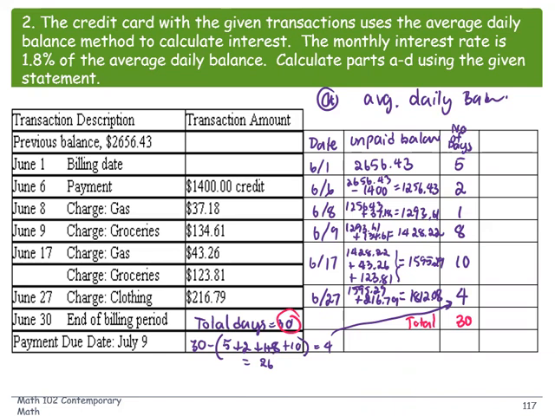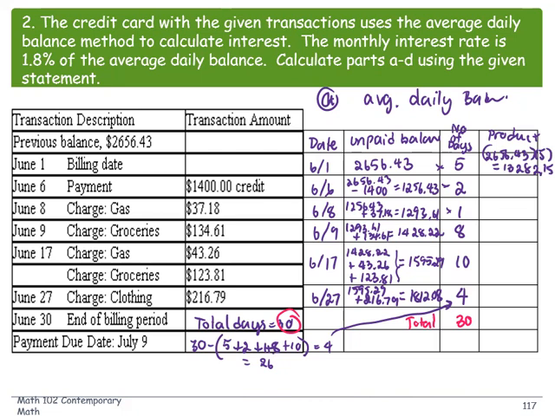The last column is going to be the column of the product. This is the product of the unpaid balance and the number of days, so we multiply these two together. The first row is 2656.43 multiplied by 5, and the product is 13282.15.